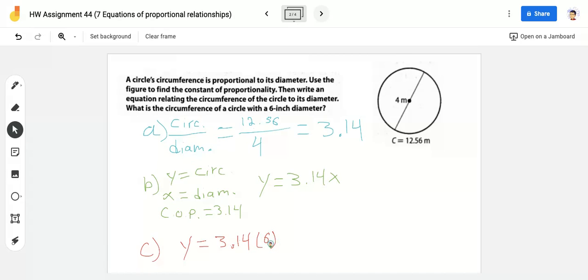All I'm doing is substituting x for 6, and let's find out. 6 times 3.14. So therefore, y equals 18.84, meaning the circumference of our circle with a 6-inch diameter will be 18.84 meters.